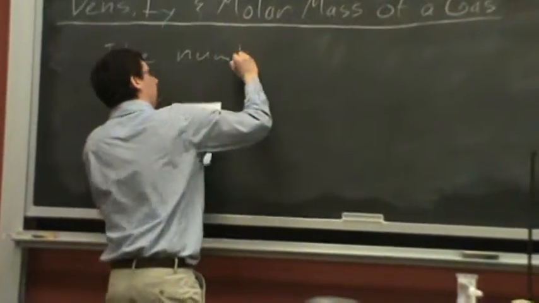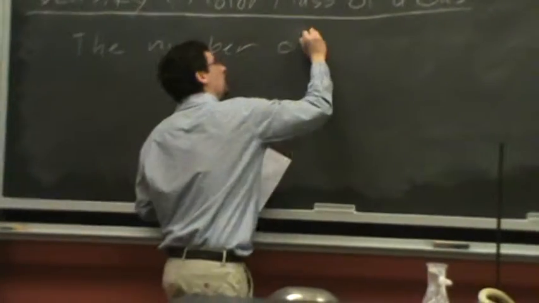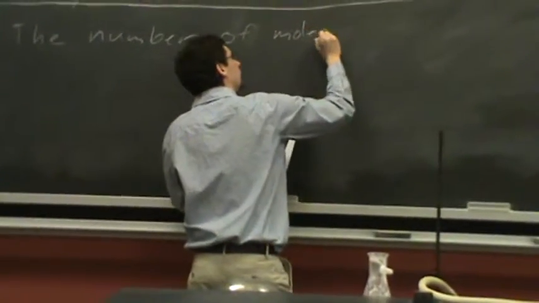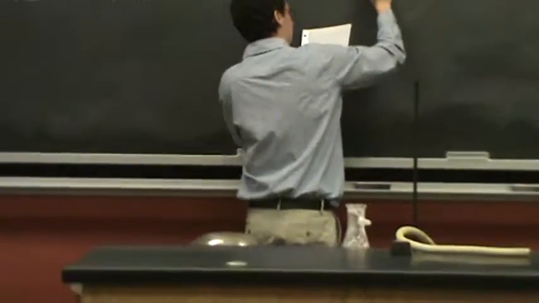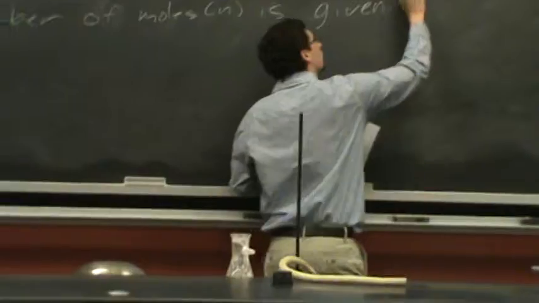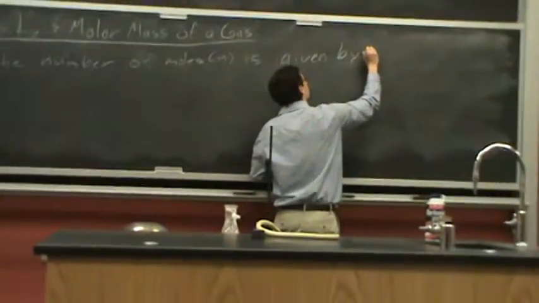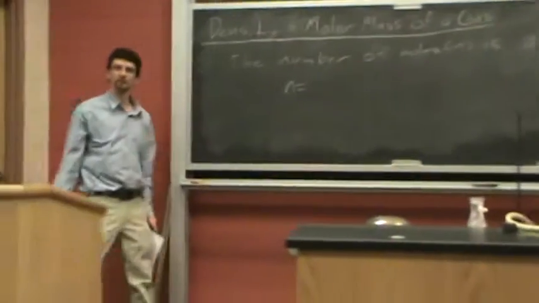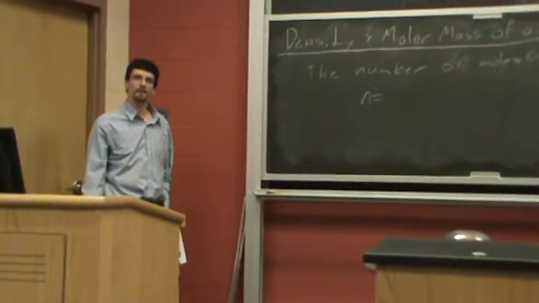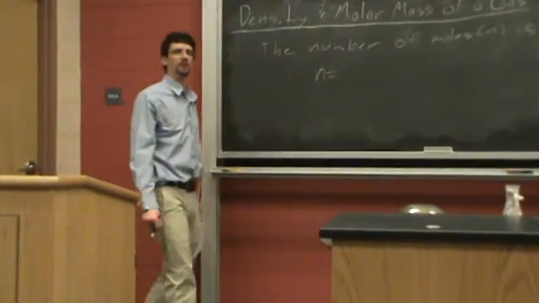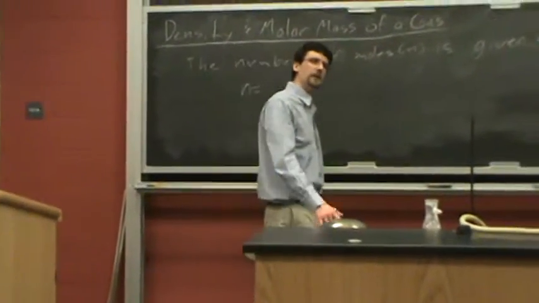The number of moles, N, is given by what? What do you do normally to figure out moles?